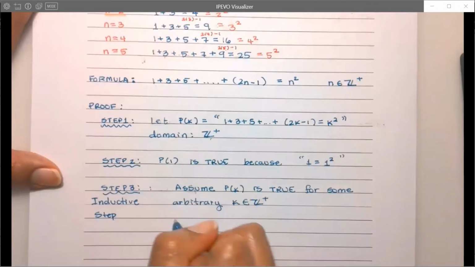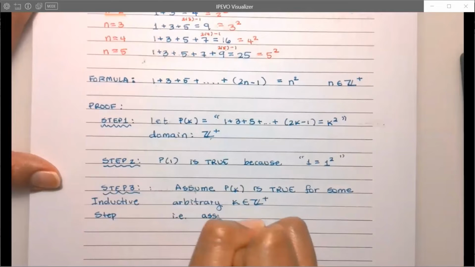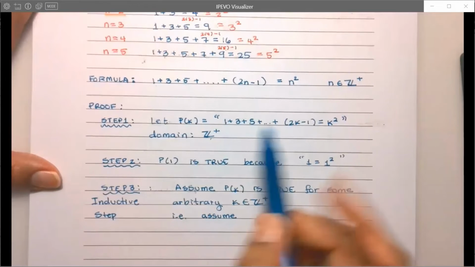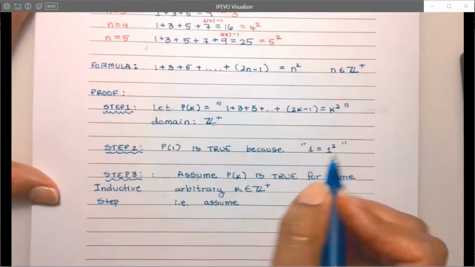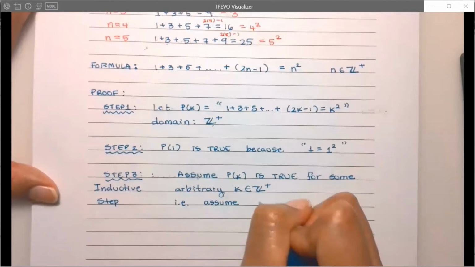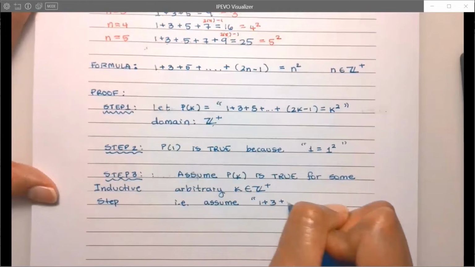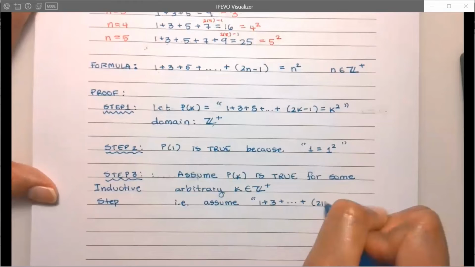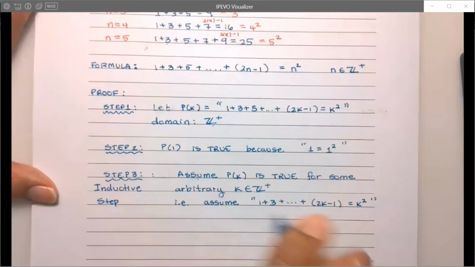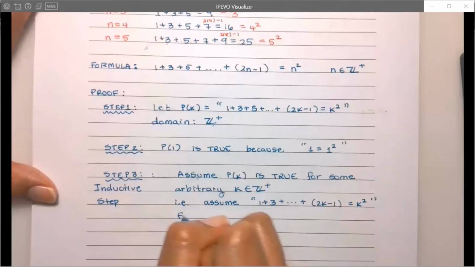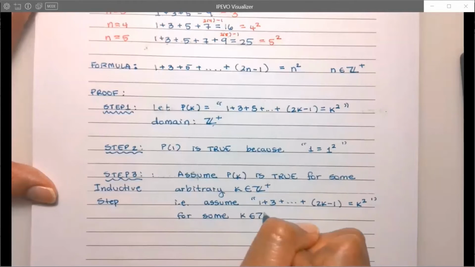So i.e., we're going to assume that this statement is true for some random k. Okay, so let's see, plus all the way down to 2k minus 1 is equal to k squared, okay, for some k that's a positive integer.